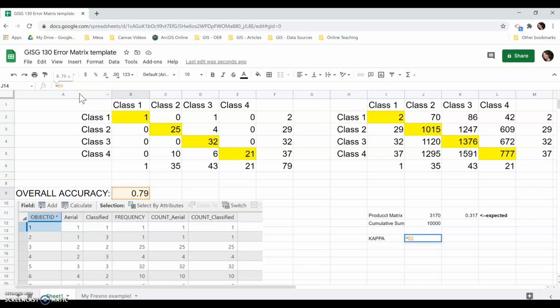Our overall accuracy minus our expected, divided by 1 minus our, which one? 0.317.